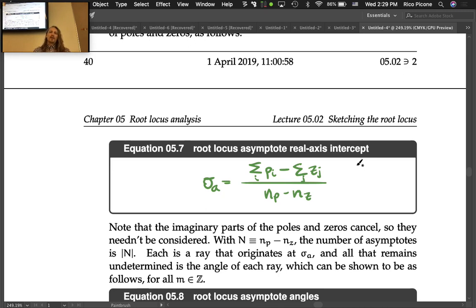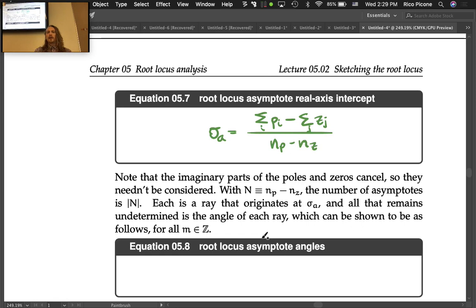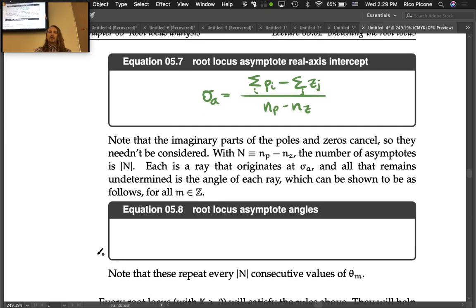Good. With capital N defined as the difference between the number of poles and the number of zeros, the number of asymptotes is the absolute value of N. Usually it's going to be positive. Each is a ray that originates at sigma A, and all that remains undetermined is the angle of each ray, which can be shown to be as follows for all integers m.